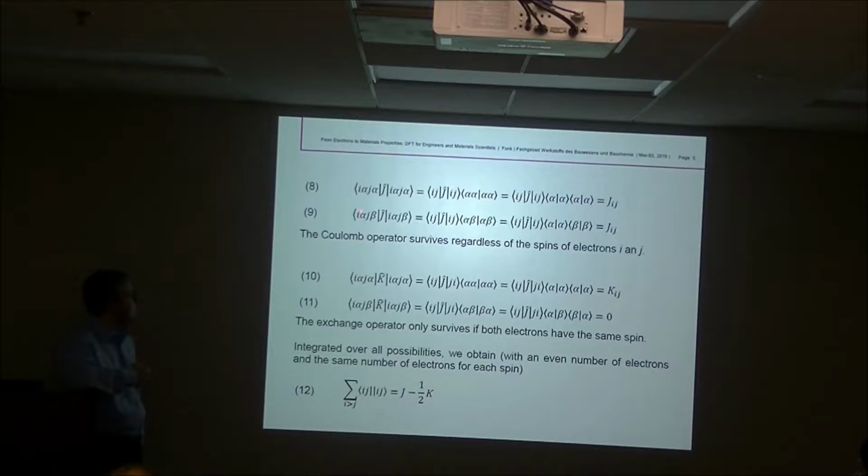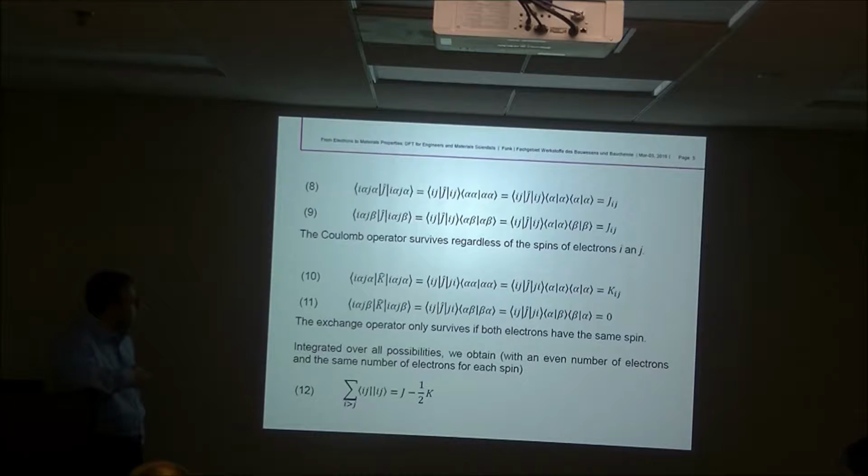Which is nice. So if I has spin alpha and J has spin beta, it still survives, because we integrate spin alpha in the coordinates of the first one and spin beta in the coordinates of the other one. So obviously this works, and we always keep our Coulomb operator.